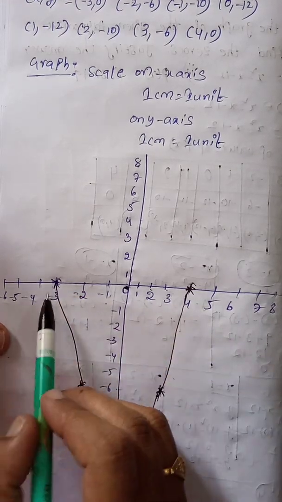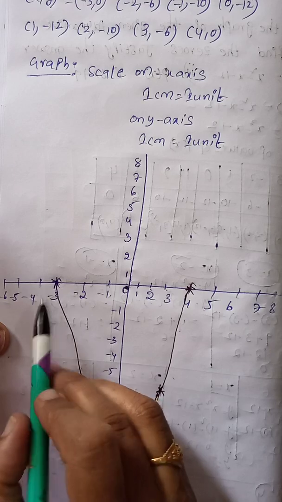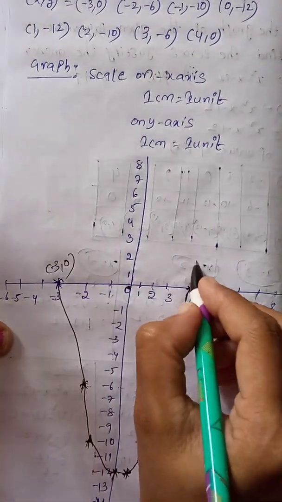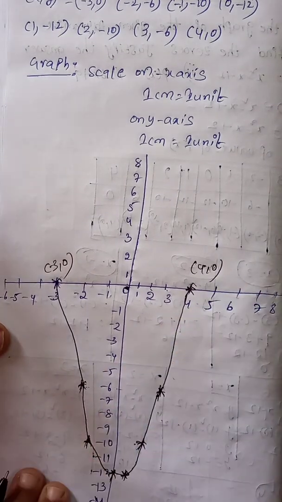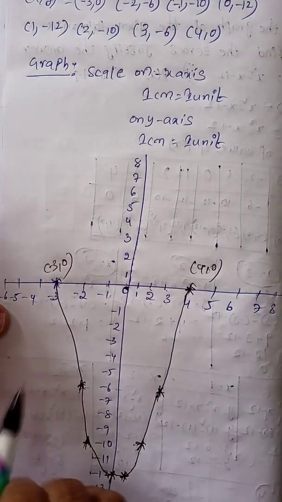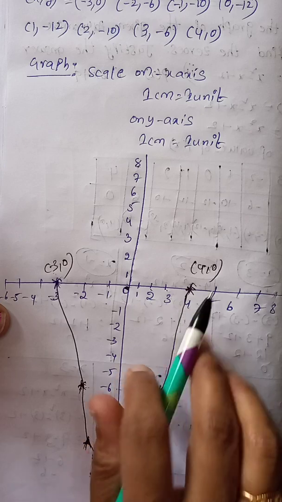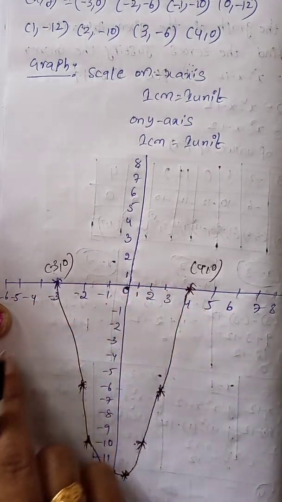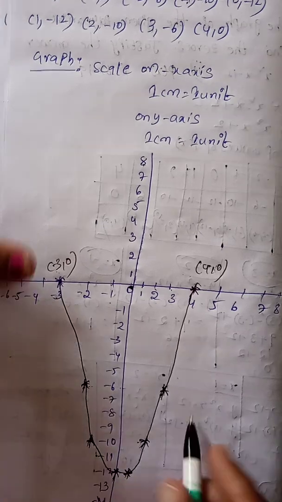The graph touches the x axis at minus 3 comma 0 and 4 comma 0. So minus 3 and 4 are the zeros of the given polynomial.